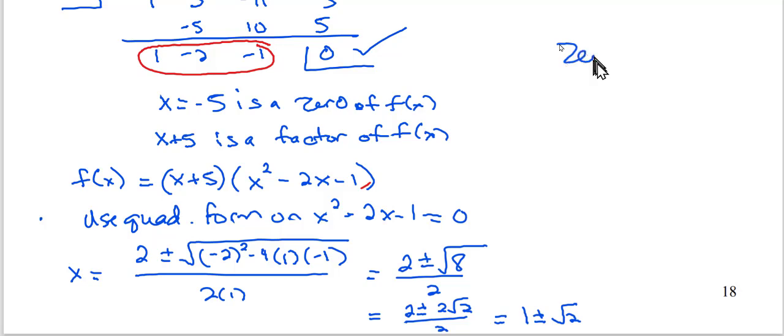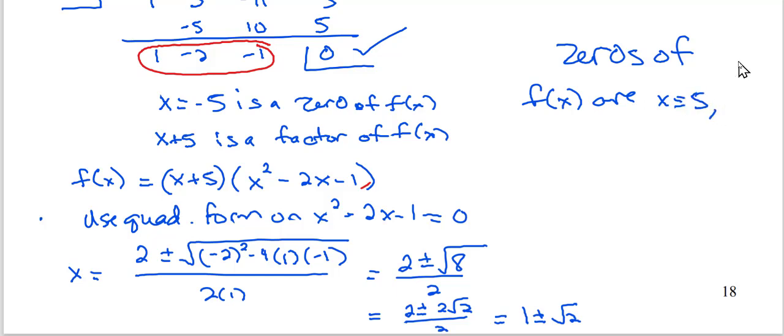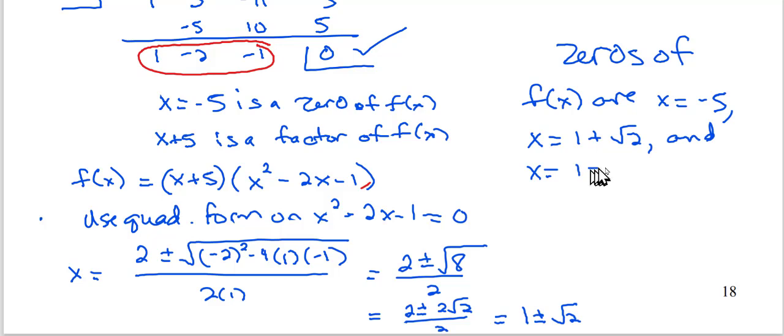So that means our zeros of f of x are x equals negative 5, x equals 1 plus the square root of 2, and x equals 1 minus the square root of 2.